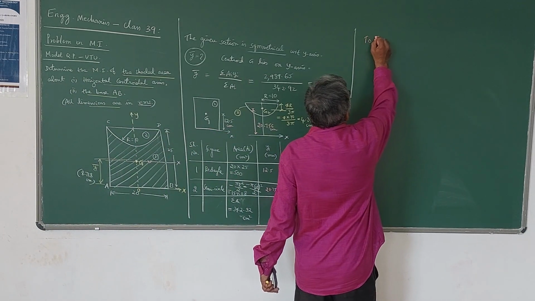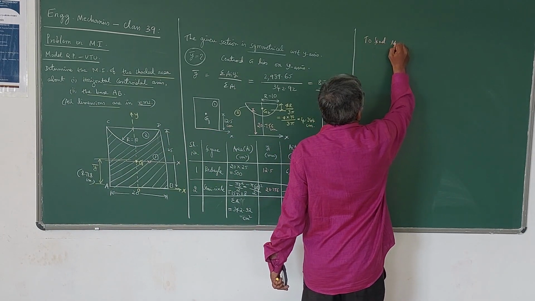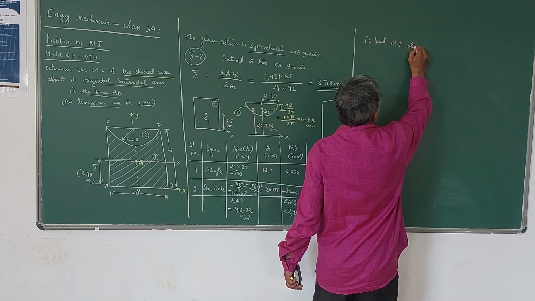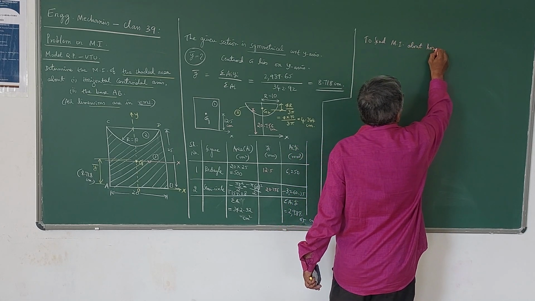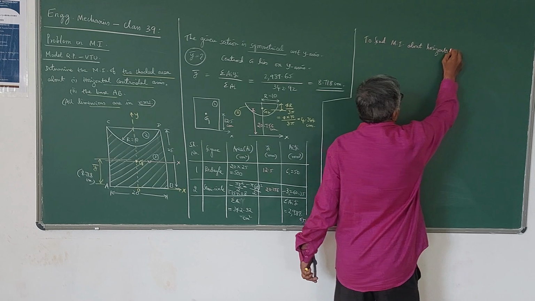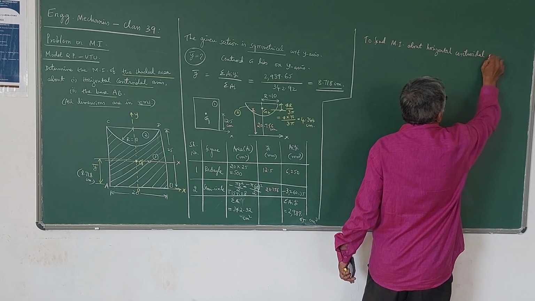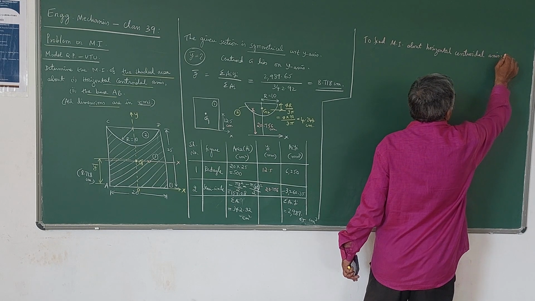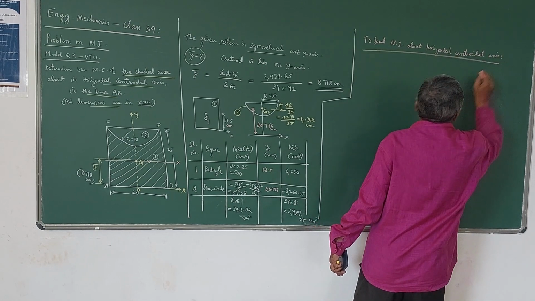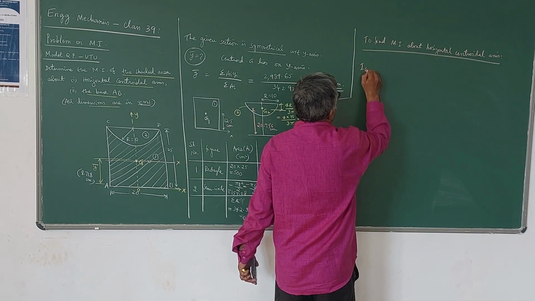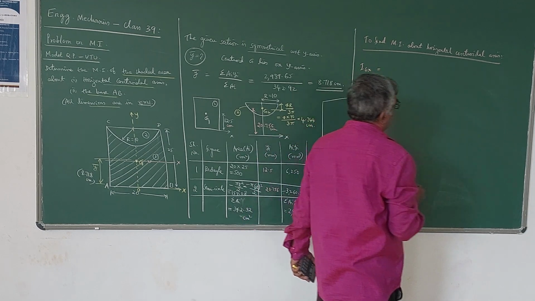So to find MI about the horizontal centroidal axis, of course for this we need to use the parallel axis theorem. So you know how to use the parallel axis theorem. I have done it in the earlier problems also.